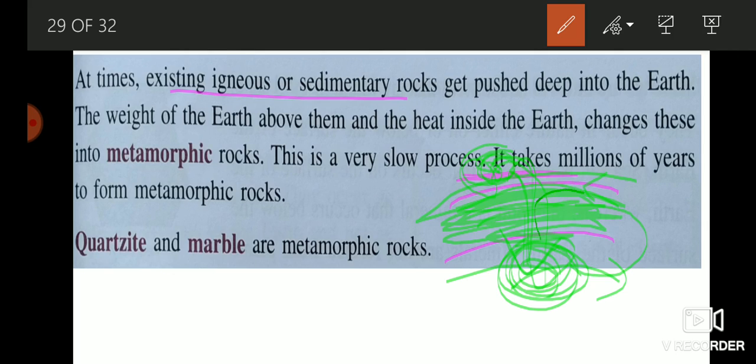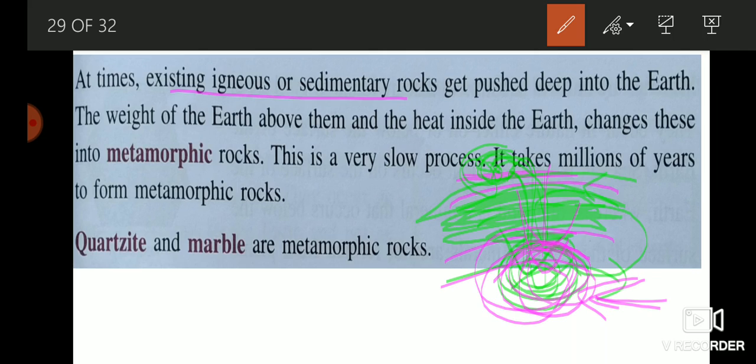So this huge weight creates a huge pressure on the rock below.